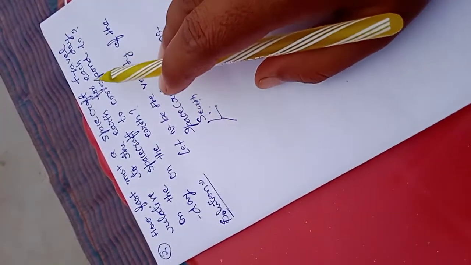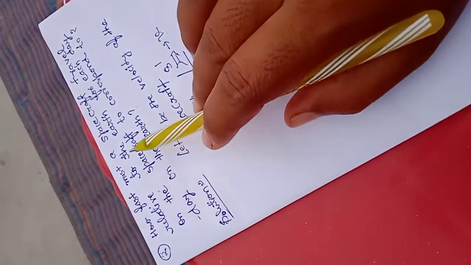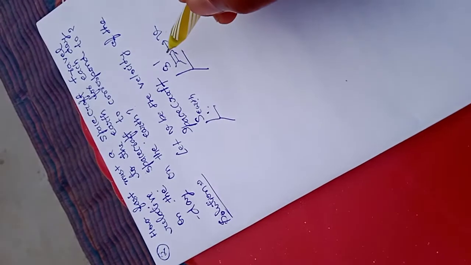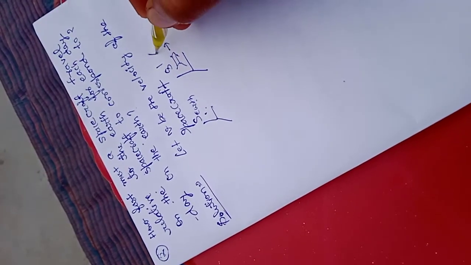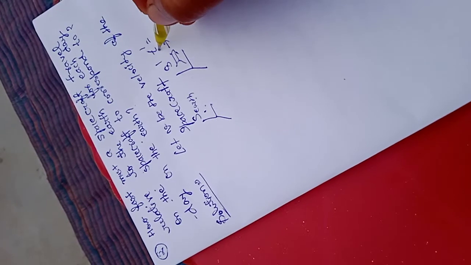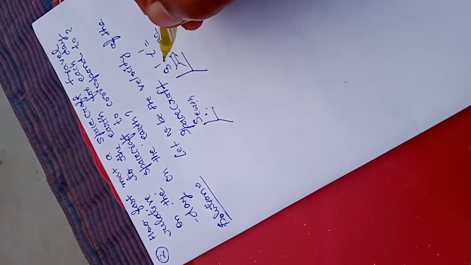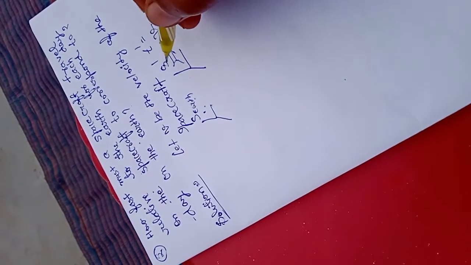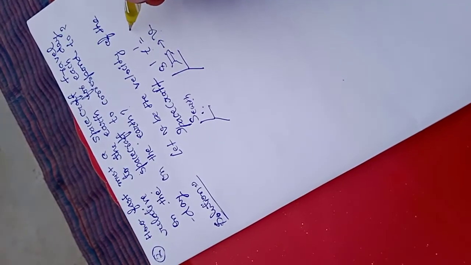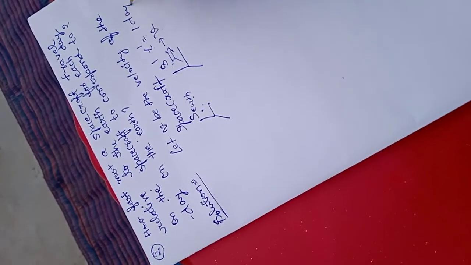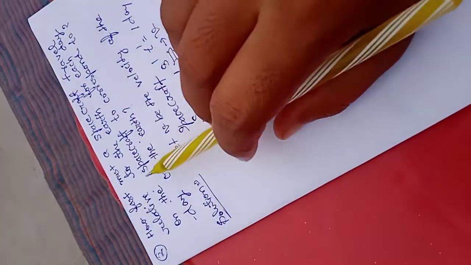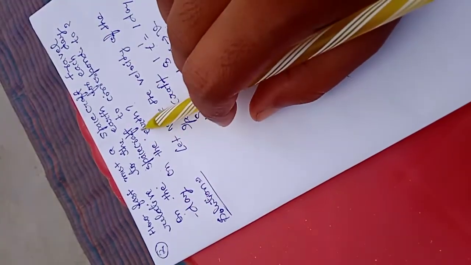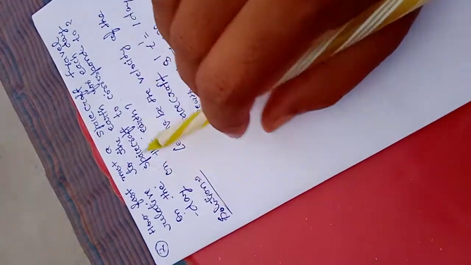Now the question says that for each day on the spacecraft, that means for one day, if t dash is the time on the spacecraft, or frame S dash, then the value of t dash is 1 day. That corresponds to 2 days on the earth.